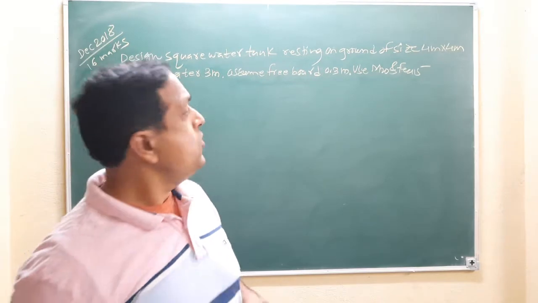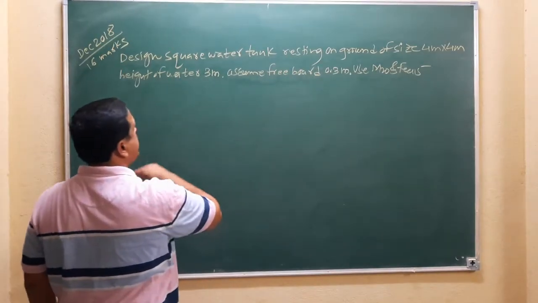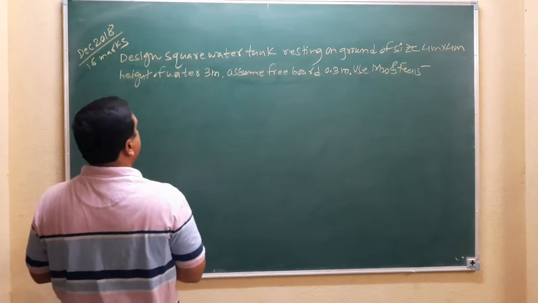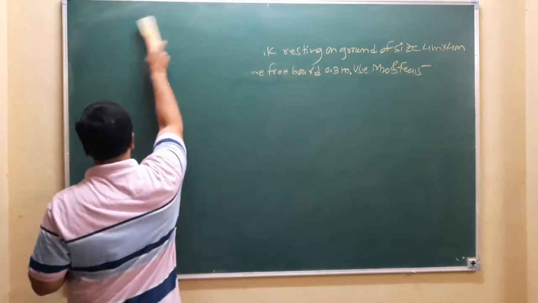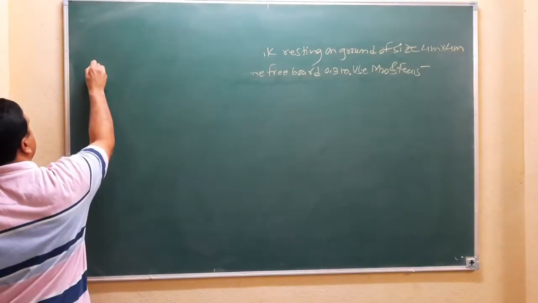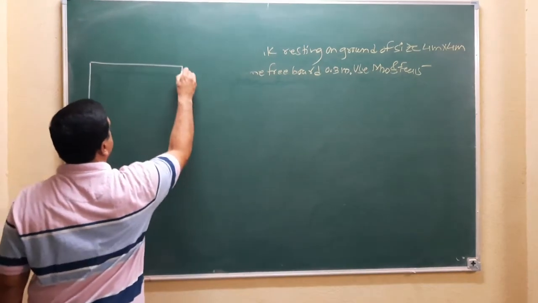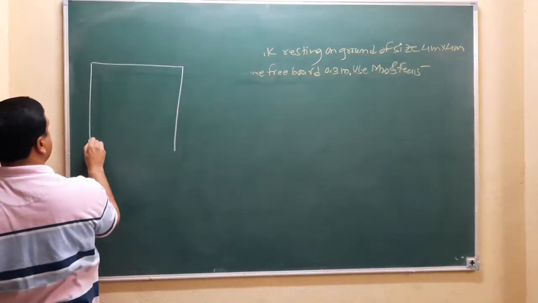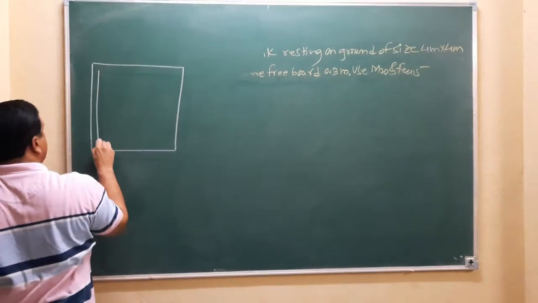So the size of the tank is 4 meter by 4 meter. I will sketch it here. The tank is a square tank. You have to design the square tank like this. So this is the wall you have to design.